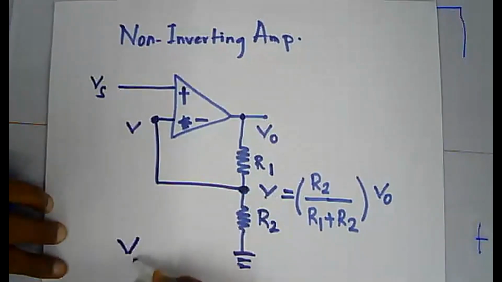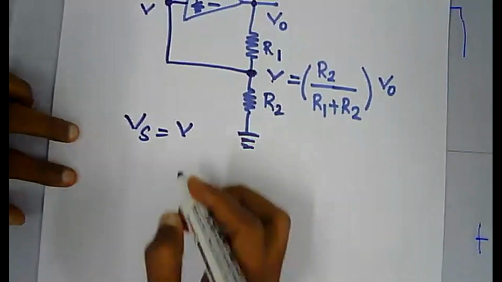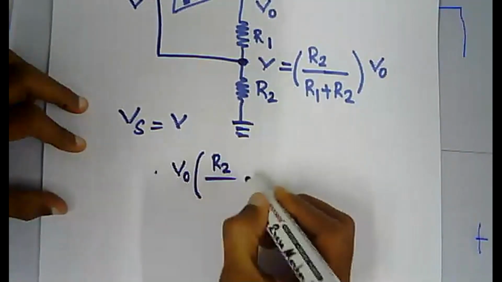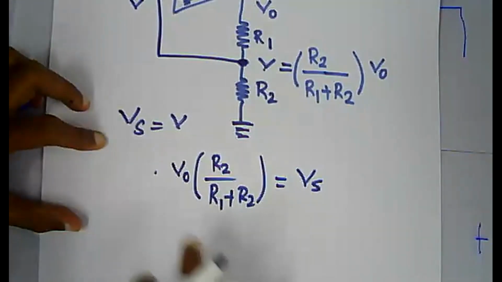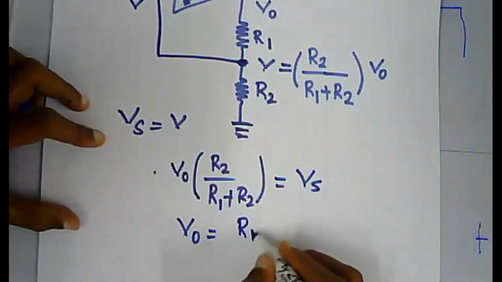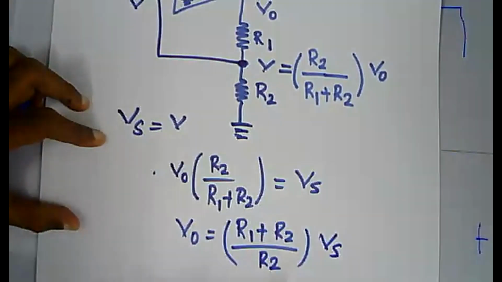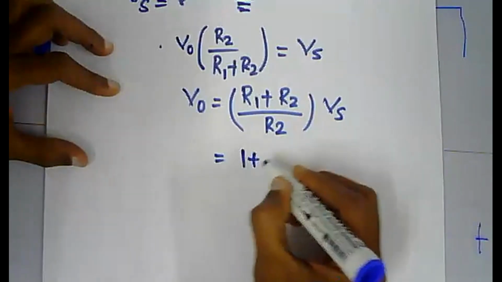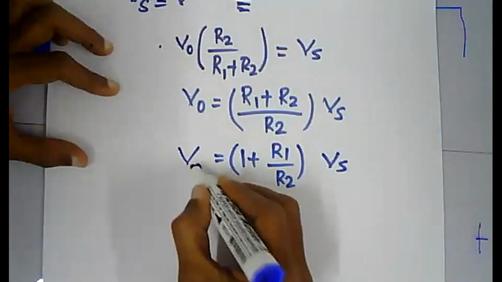So I can simply write Vs equals V. Now just put this value here, so V out into R2 over R1 plus R2 equals Vs. Bring this term to the other side, so you can write V out equals R1 plus R2 over R2 into Vs. R2 over R2 becomes 1, so V out equals 1 plus R1 over R2 into Vs.